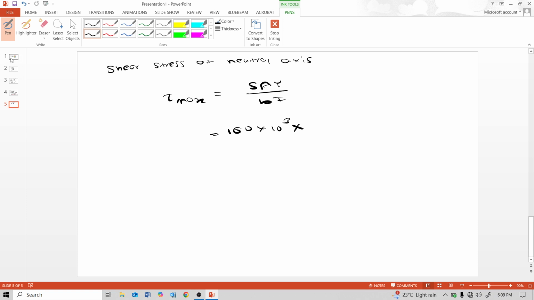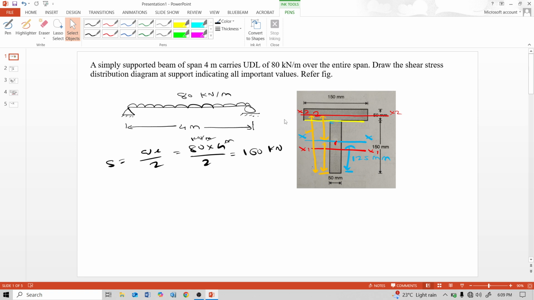For calculation of shear stress at the neutral axis, the area is the area below the neutral axis. The neutral axis is at a distance of 125 mm from the extreme bottom fiber. That means 125 multiplied by this 50 mm thickness is the area, 6250 mm square.